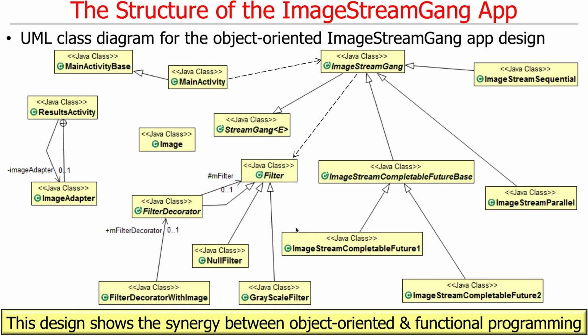So this shows, for example, that we have a class called StreamGang, which is an abstract class. That's what the A means. And we then go ahead and make ourselves an ImageStreamGang, which is inheriting from StreamGang. And then we have a bunch of other classes here, like you can see ImageStreamCompletableFutureBase is another abstract class, which has two concrete classes, ImageStreamCompletableFuture1 and ImageStreamCompletableFuture2.